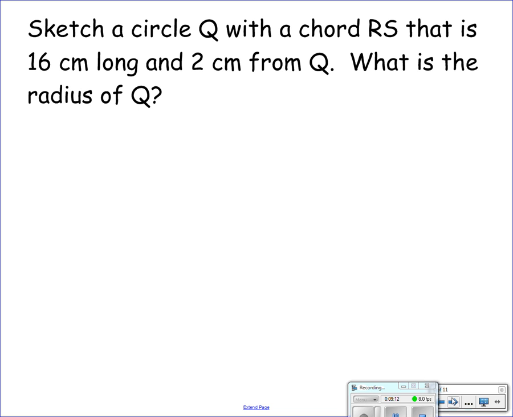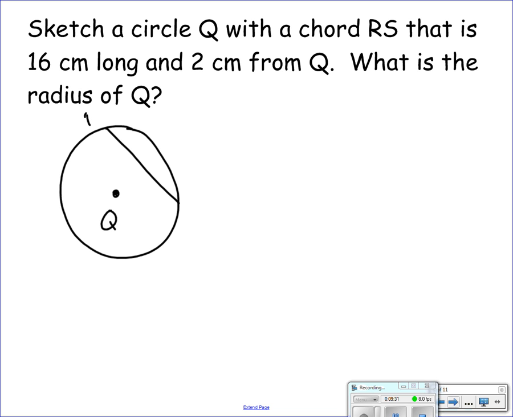Next example. Sketch circle Q with chord RS that is 16 centimeters long and 2 centimeters from Q. What is the radius of Q? So circle Q, chord RS, that is 16 centimeters long, so that's 16, and 2 centimeters from Q. So the perpendicular distance is 2.